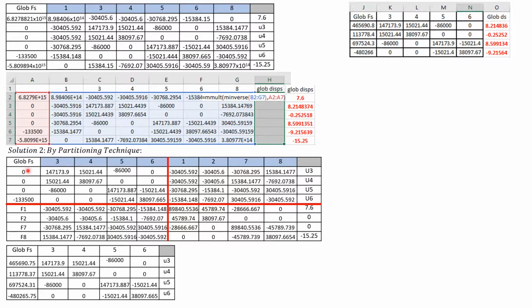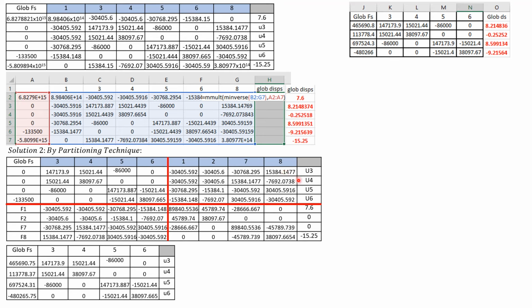So for example, in this row here, this is 0, then if we expand this, negative 330,405.592 times 7.6. So that's negative. Plus negative 30,405.6 times 0. This times 0.